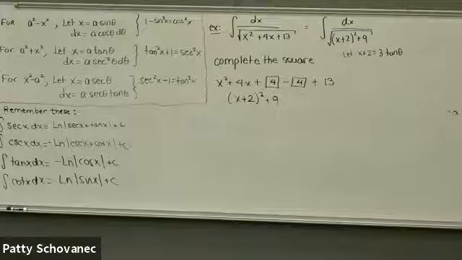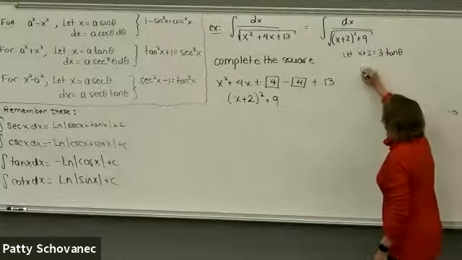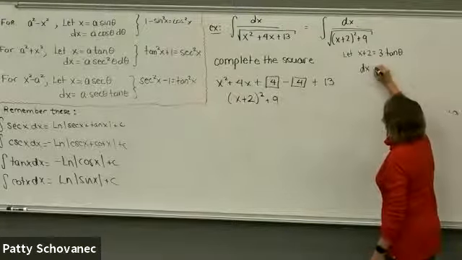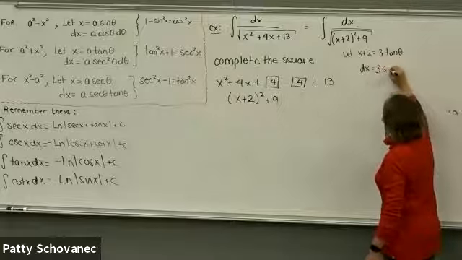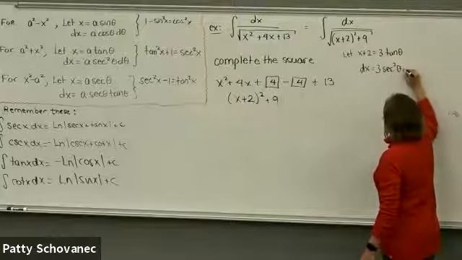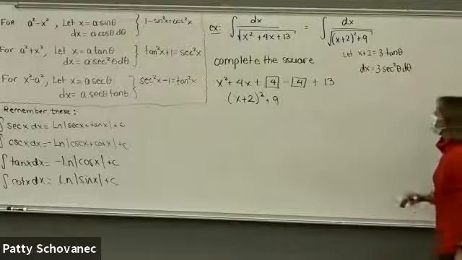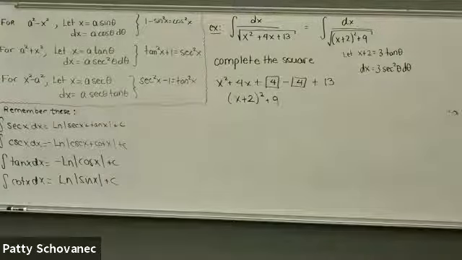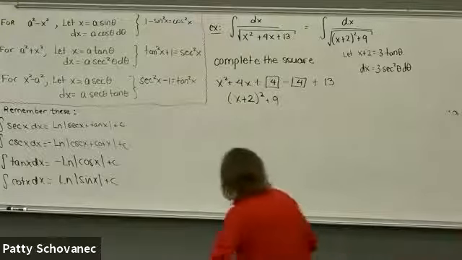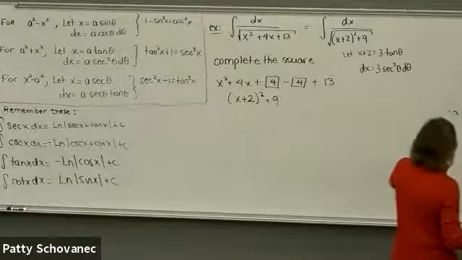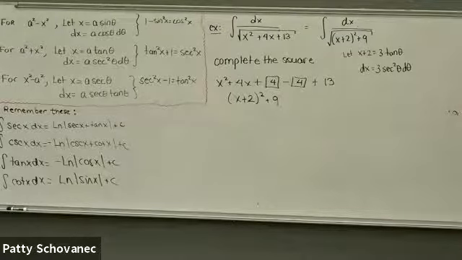The derivative of x plus 2 gives me the dx. The derivative of 3 tan theta is 3 secant squared theta. Now substitute that in and see if our integral cleans up to something that we can do, something we did earlier.